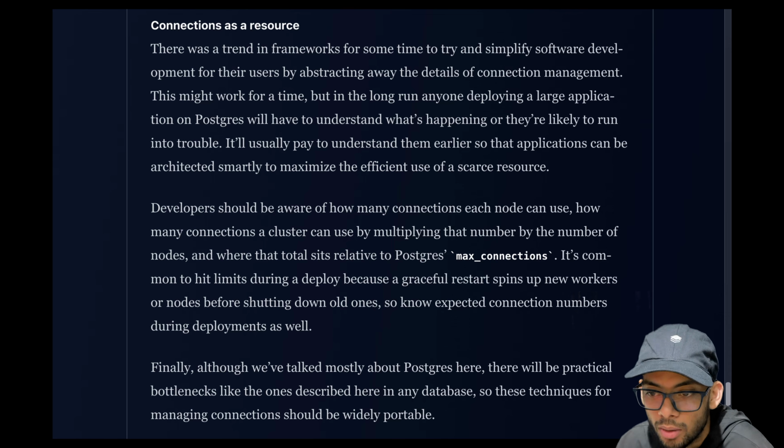They try to hide the complexity so that developers find it easy and quick to get acquainted with the stuff and get to the building part. But eventually, every developer needs to understand the resources underneath their code. I'm not saying you need to master every internal detail of Postgres, but you should understand the limits your application depends on, especially if you aim to take your app to production and to a serious scale.